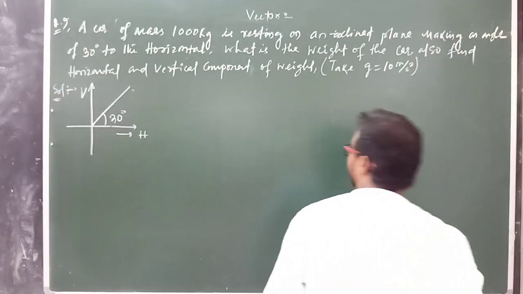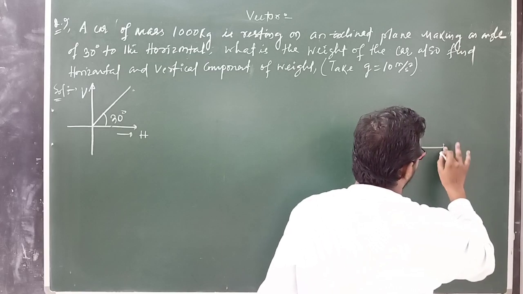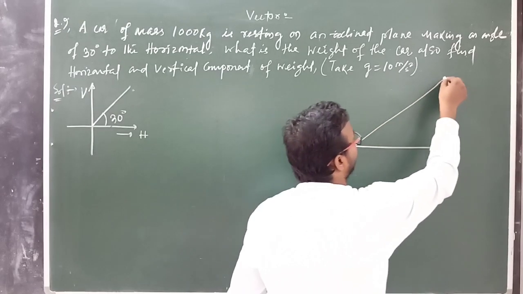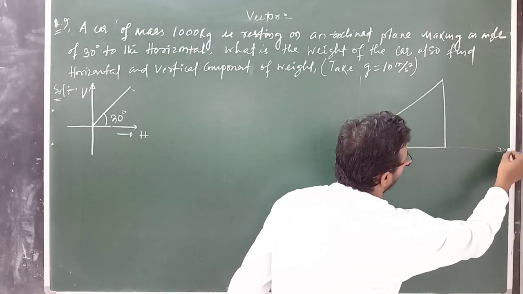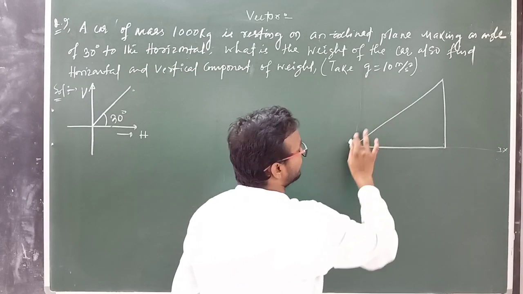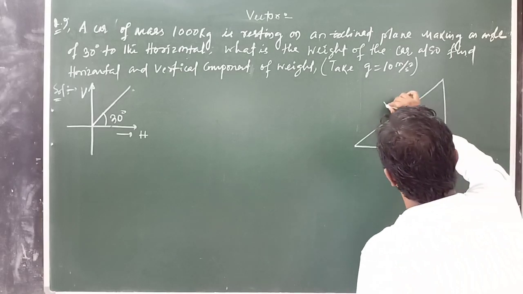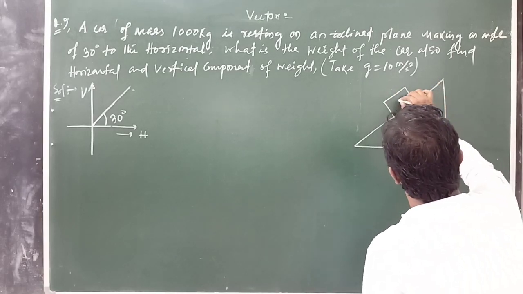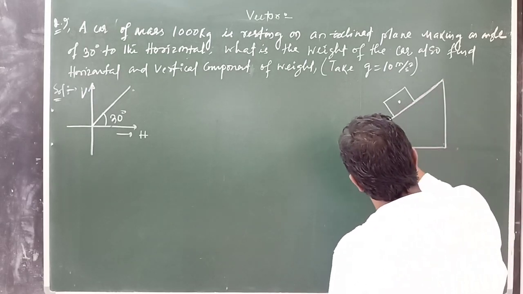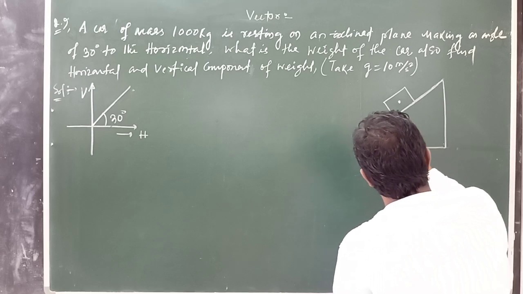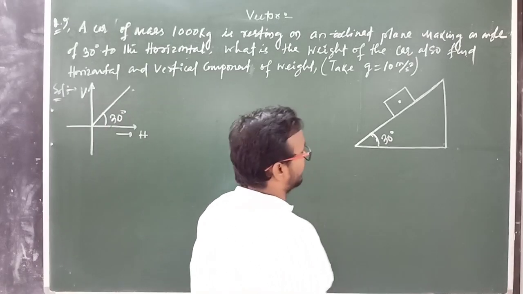So you have to first draw the diagram of this question. This is the horizontal line and this is the inclined plane. Clear? Suppose this is the x axis and this is the y axis, then this is horizontal and this is vertical, and a block is resting on the inclined plane, and this inclined plane makes an angle of 30 degrees with the horizontal direction.